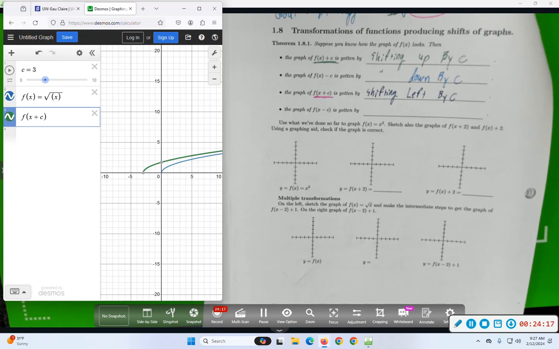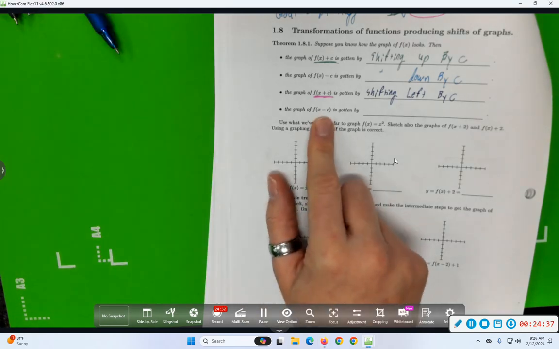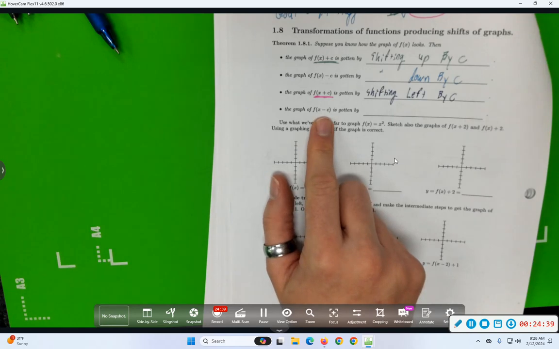Let's again just see that happening. Has that shifted the graph of the square root function left by c? Nice. And I guess we can even let this parameter c vary. Yeah, that just looks like it shifts by however big c is. So what should happen when you subtract c? Shift to the right.